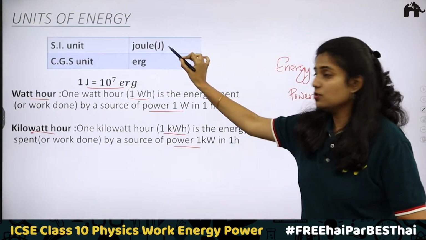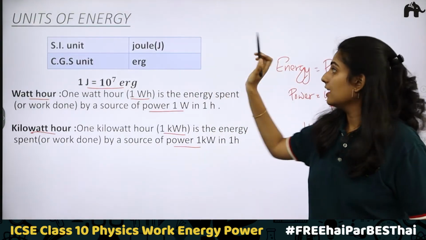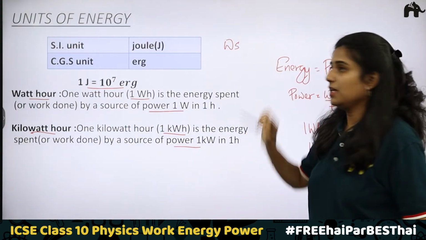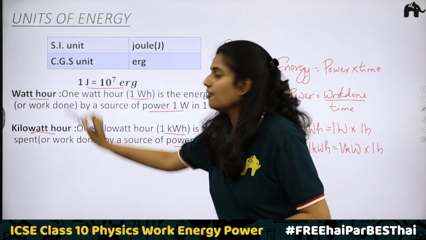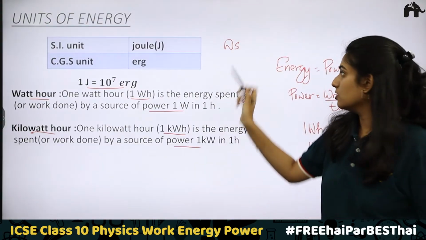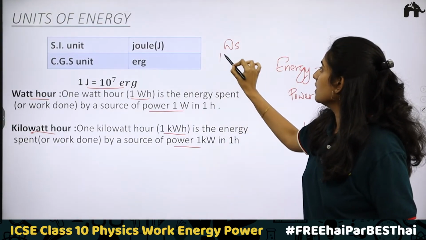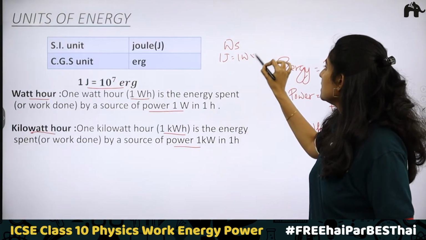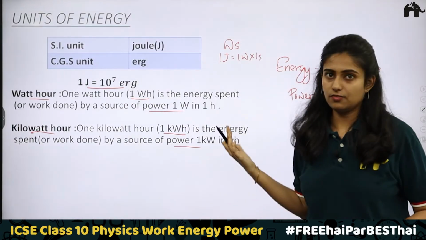Clear? So for joules, here power will be in watts but time will be in seconds. So 1 watt hour and 1 joule is not the same. 1 joule is when 1 watt of power is in 1 second. Okay, there is a difference. Understood?